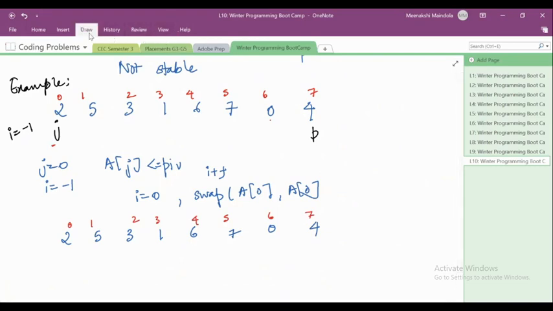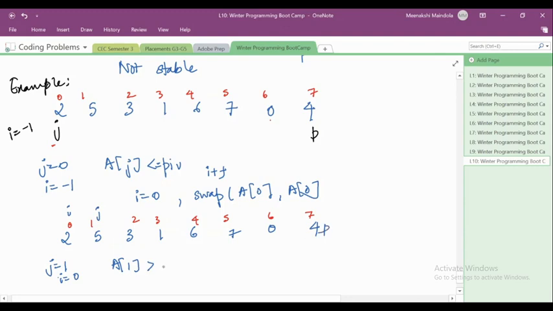So in the next iteration, the value of j is going to change. So j has now come to this position here and i is here, right? So what do you do? Again, you compare the value of a of j and the pivot element. So a of j, which is a of 1 currently, here you have i is equal to 0. a of j is greater than the pivot element.